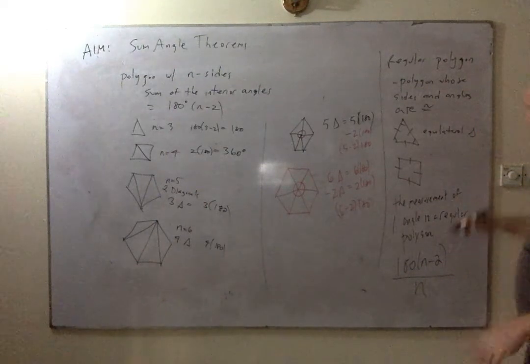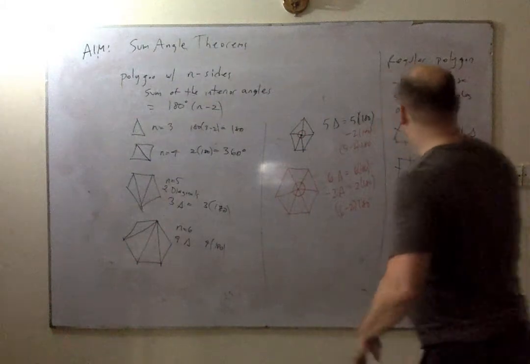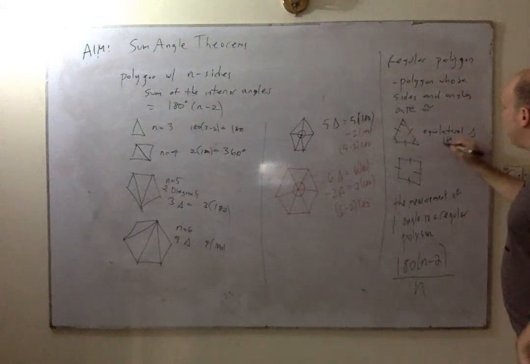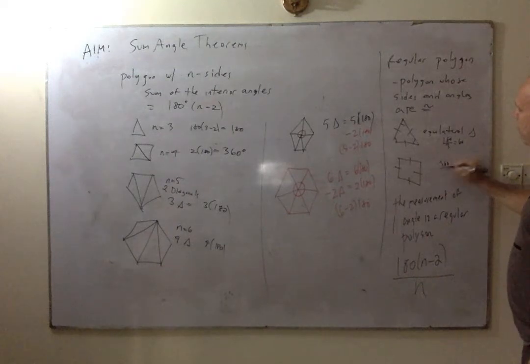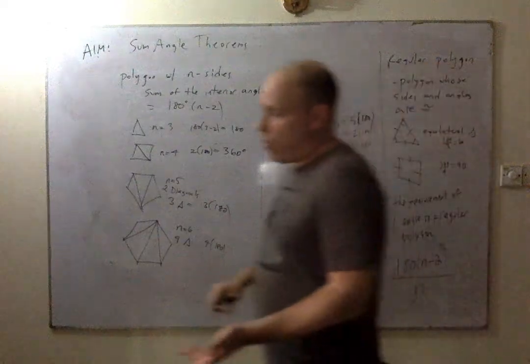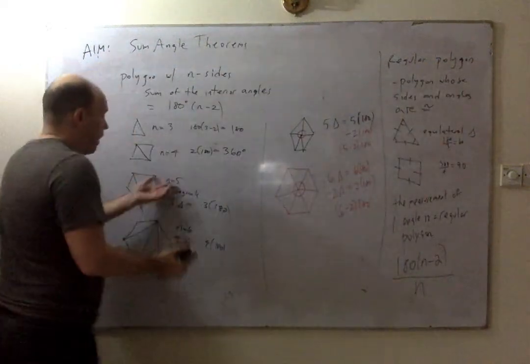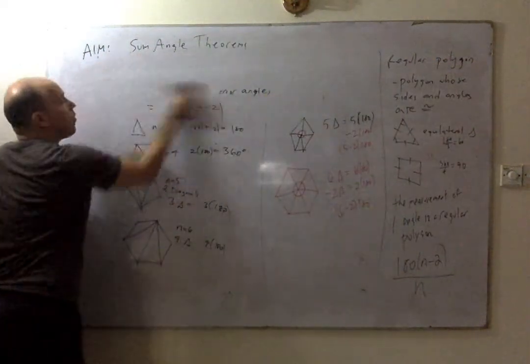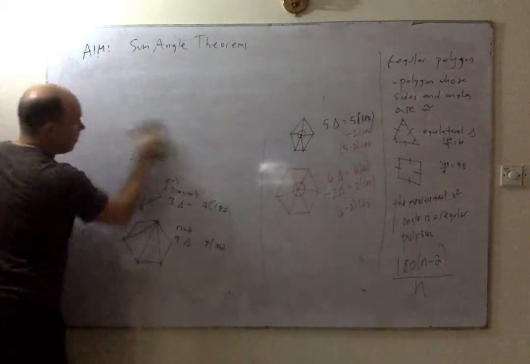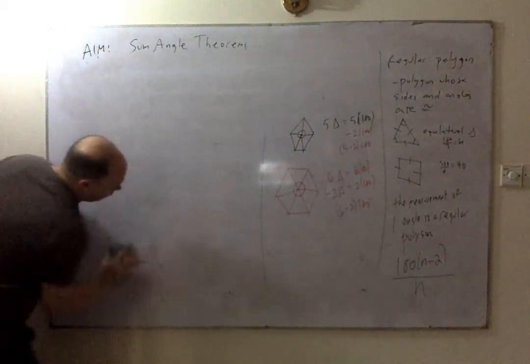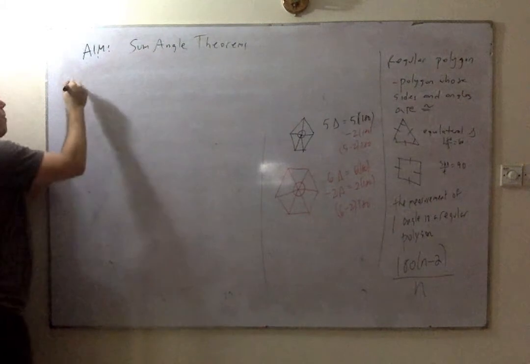So we know that 180 divided by 3 is equal to 60. 360 divided by 4 equals 90. And what about the others? Let's take a look at the other ones, because this will be interesting. How about we have a pentagon?